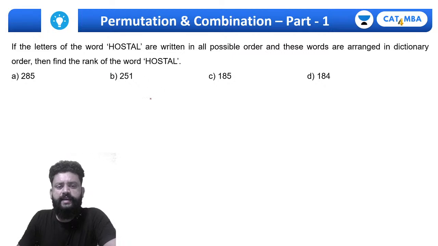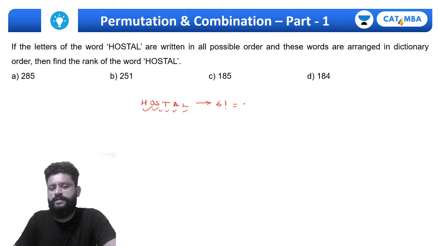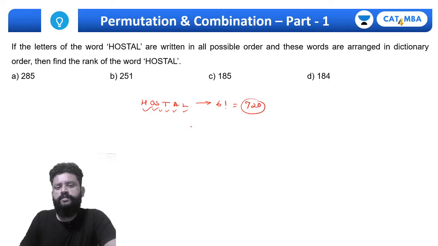In how many ways can I arrange the letters of the word HOSTEL? All the letters are different, so we can have 6 factorial words. I can arrange 6 different things in 6 factorial ways, that is 720.